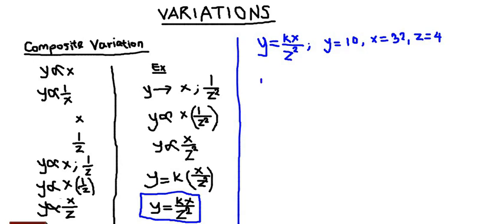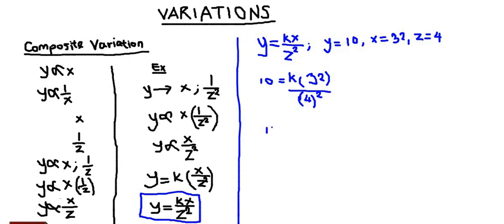So where there is y, we put 10 and say equals k. Sorry, the x is 32 and the z is 4. So where there is x, we put 32 and z is 4, so it means we're going to have 4 squared.